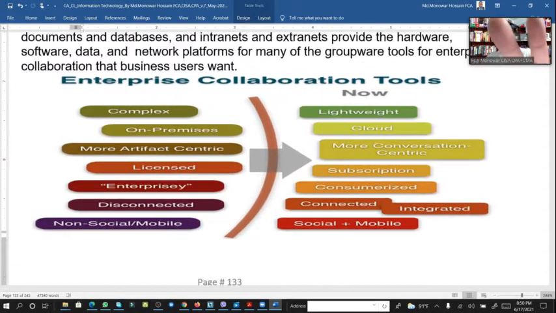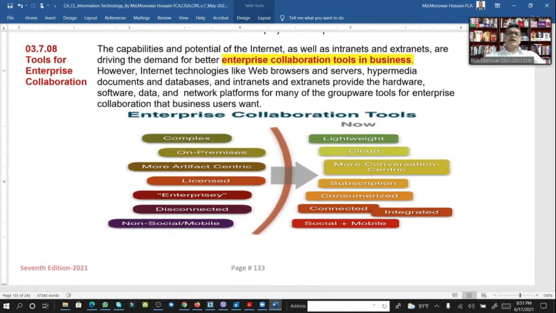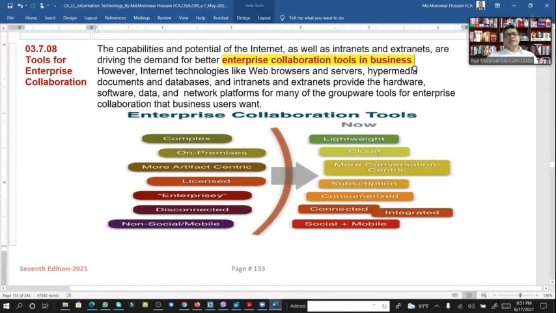But now they are lightweight and in the cloud, more conversational and subscription-based, meaning connected, interrelated, with social media, mobile, and so on, across the whole enterprise.